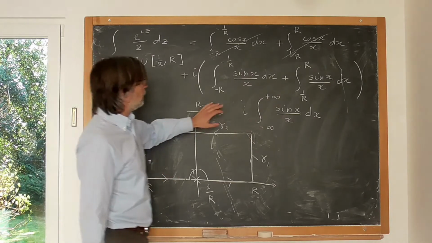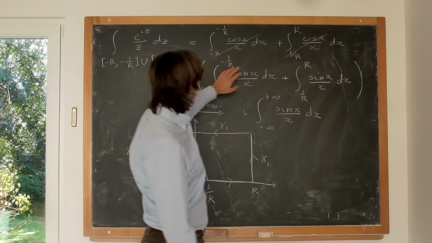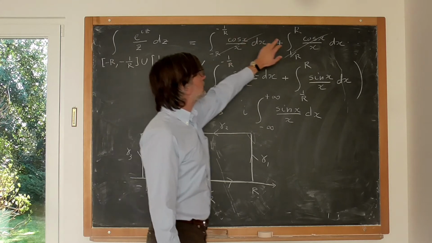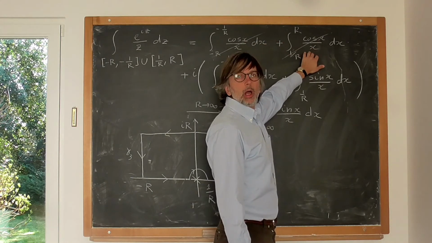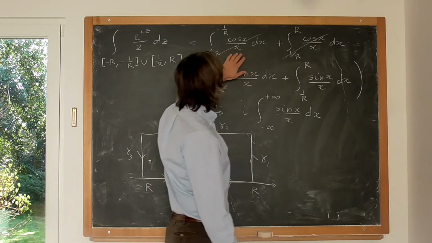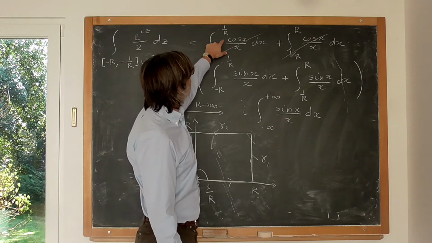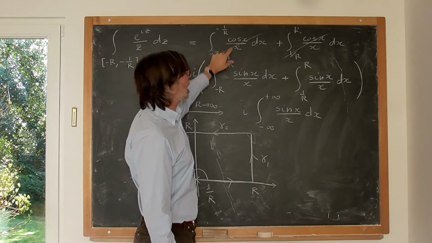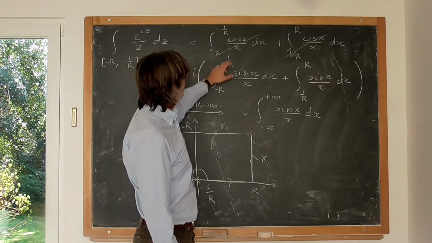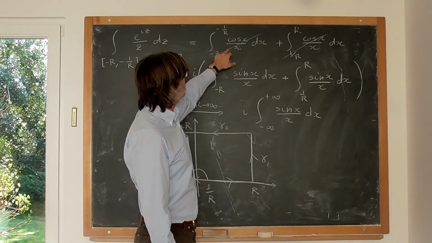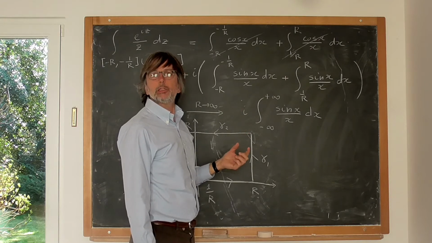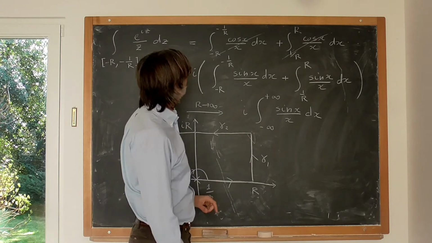Okay, so notice that instead the limit for r going to infinity of each of these two pieces separately would diverge, because cos x divided by x has a singularity at 0, and at 0 this is diverging like 1 over x, and 1 over x is not integrable near 0.